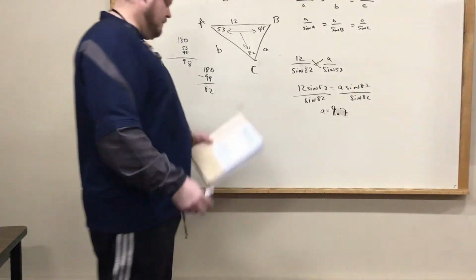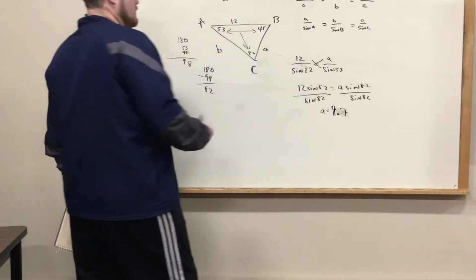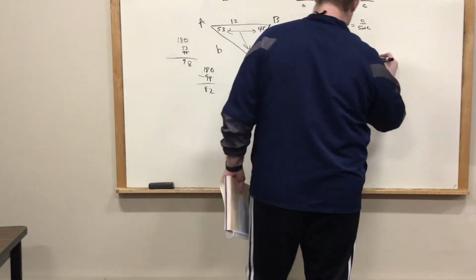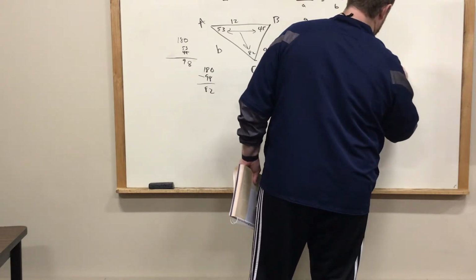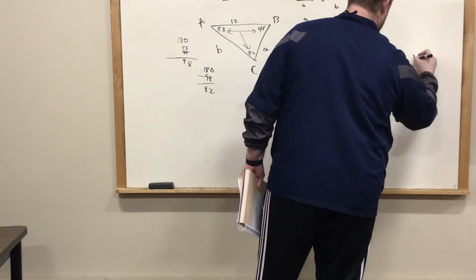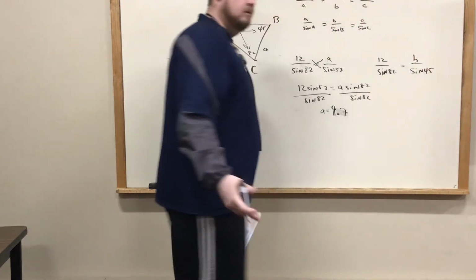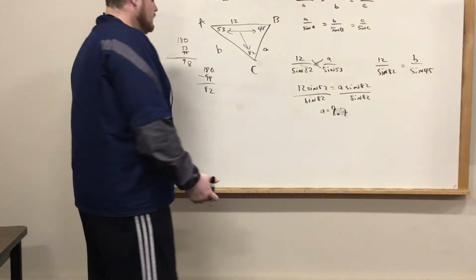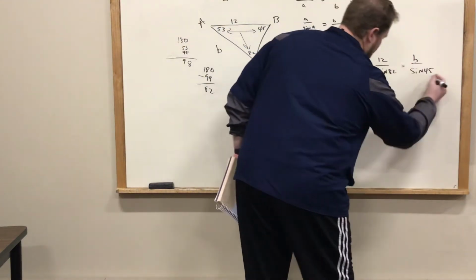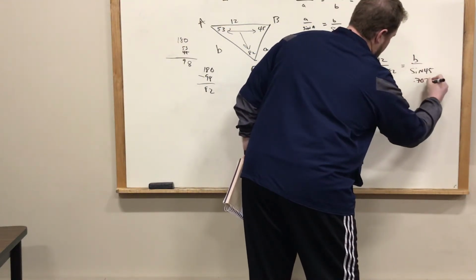Okay, so 9.7. Next, same thing: 12 over sine 82 equals b over sine 45. Now we go ahead and solve. Sine 45, we know that to be 0.7070.